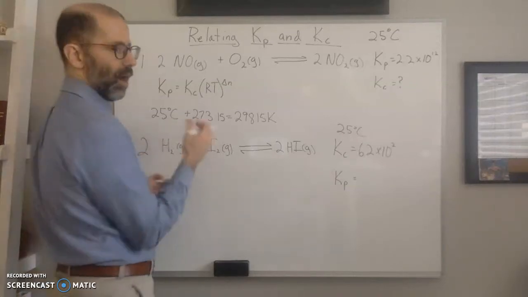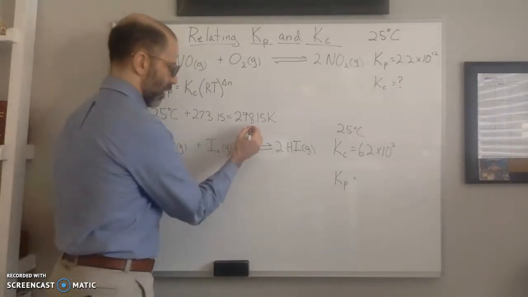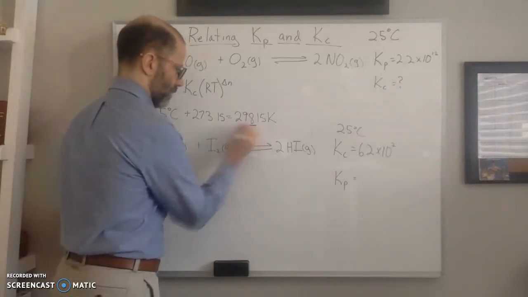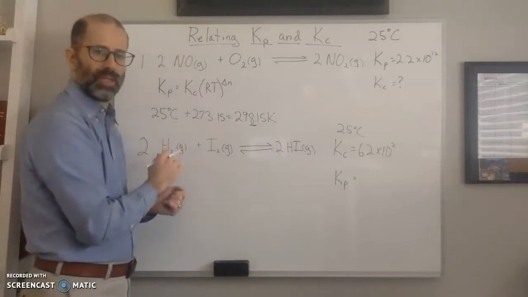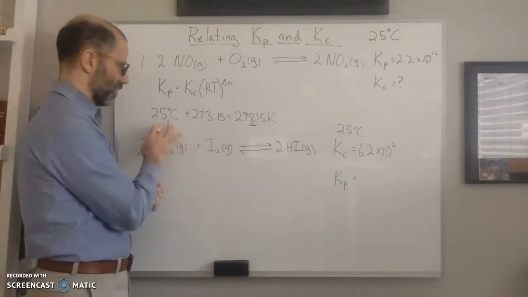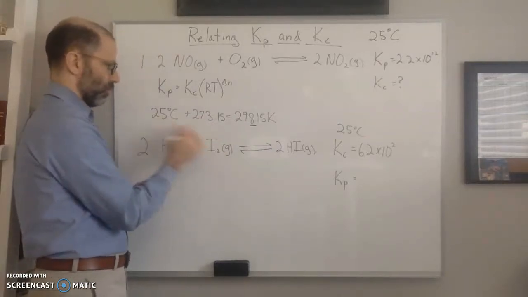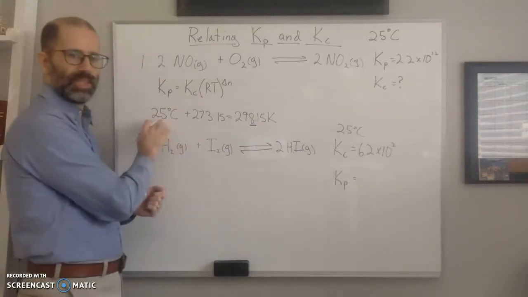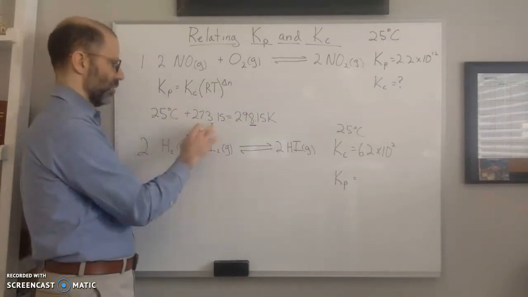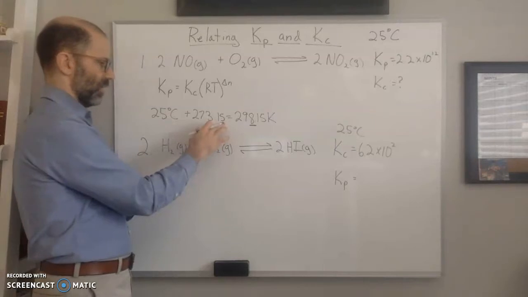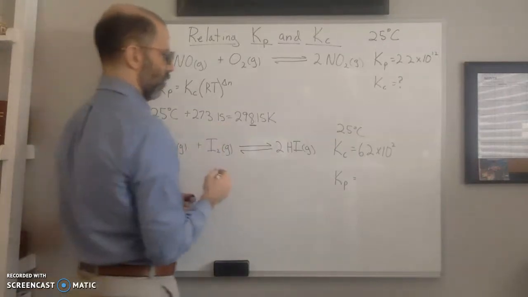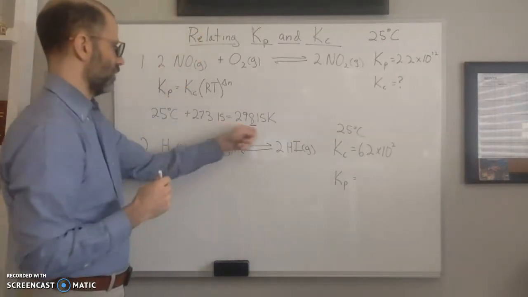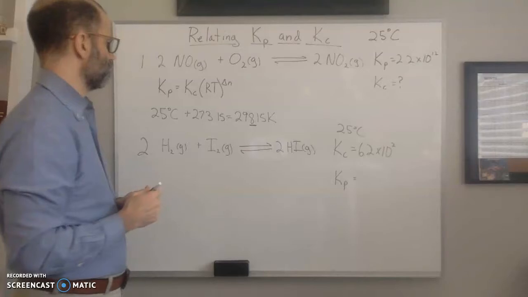Since we're adding, the sig figs are determined by the number of decimal places. So since this has 0 decimal places, we're only limited to the ones place, since that's our least precise measure, the ones place here versus the hundredths place. So just to keep track of our sig figs.